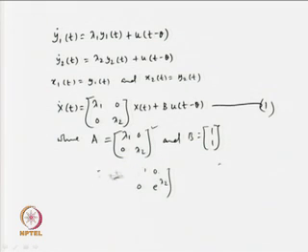Now, we shall see finally what we have got for the expression for the output of the system. The output has two components, y t is equal to C 1 y 1 t plus C 2 y 2 t.